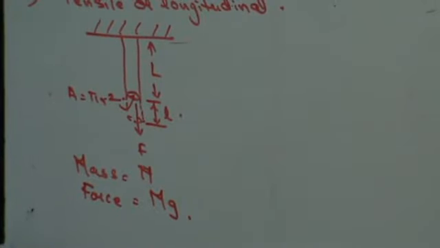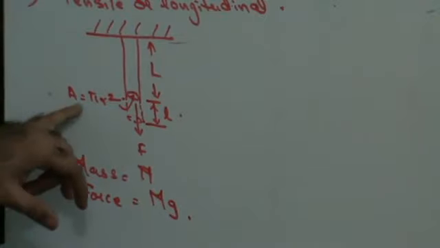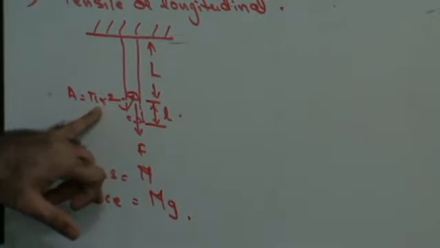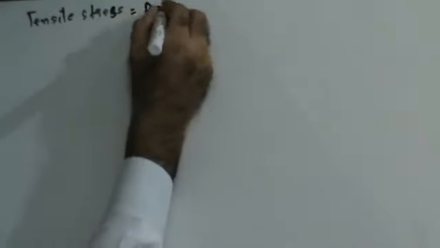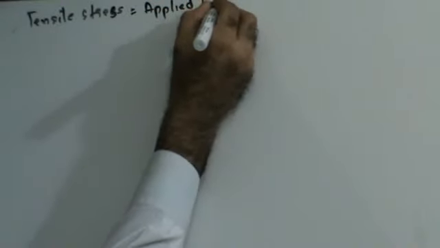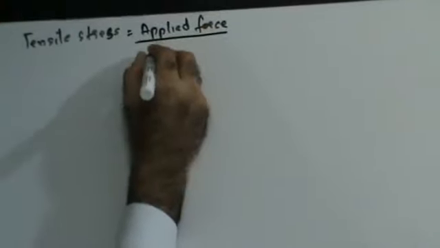Let us assume that small r is the radius of the wire. So the cross sectional area of the wire is going to be pi r square. Now, by definition of stress, tensile stress is equal to applied force upon area.